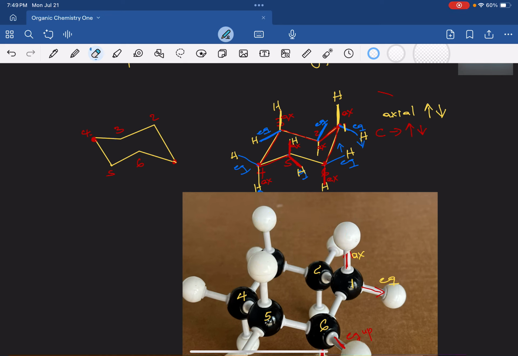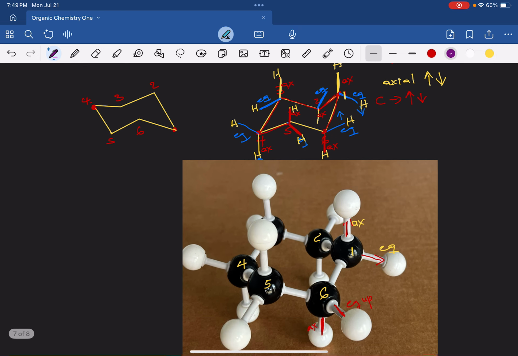Your three axial bonds at the top of the ring are this one, this one, this one. So these are your three axial bonds at the top of the ring. So you also have three axial bonds pointing straight down. This is one, this is two, and this is number three.